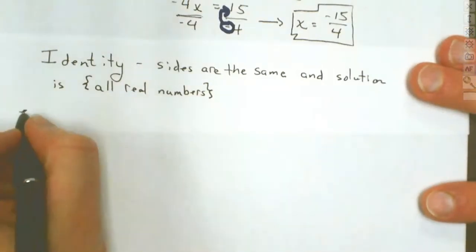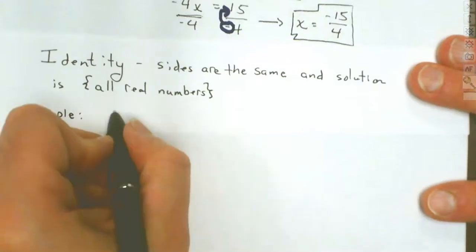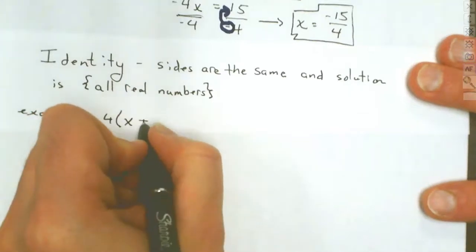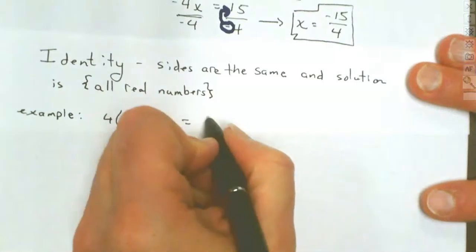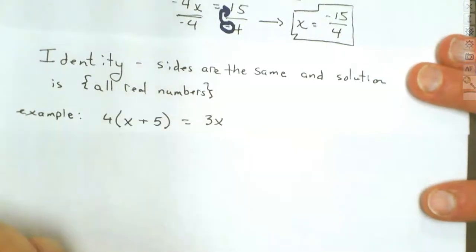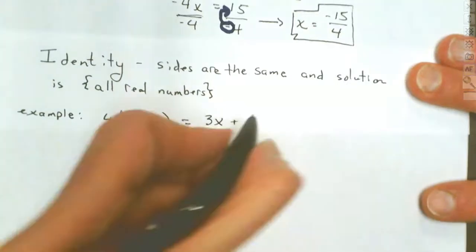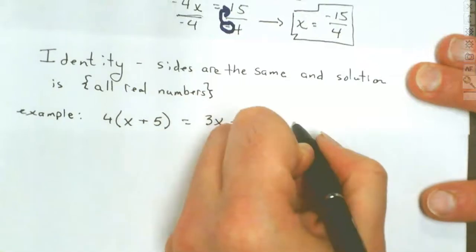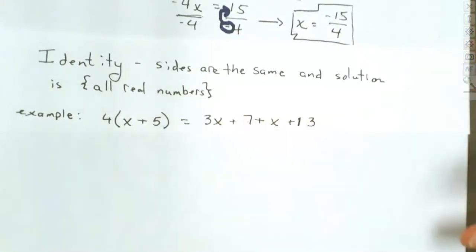So here's an example of an identity. 4 times x plus 5 equals 3x plus 7 plus x plus 13.